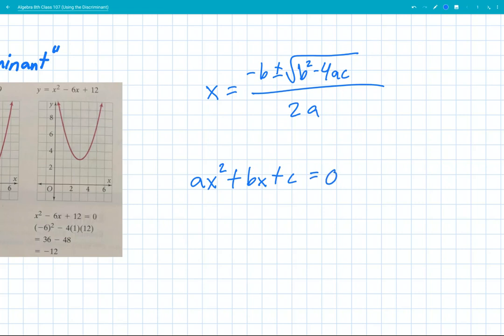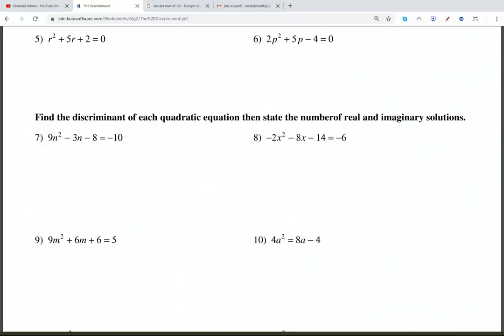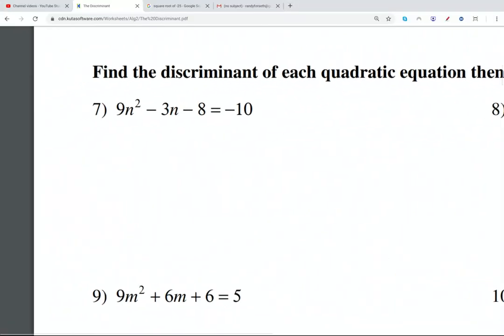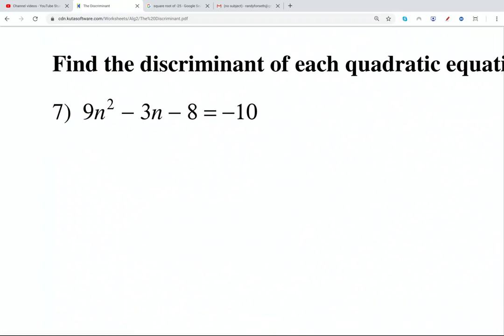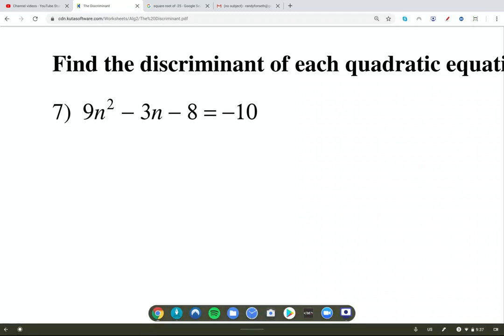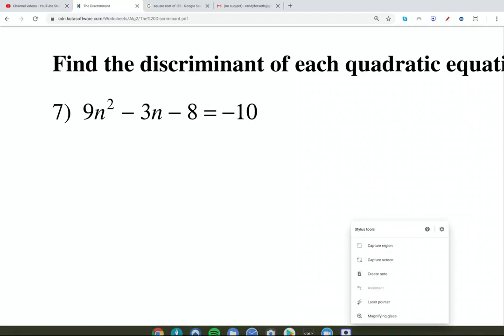So I'll just say right now, on your homework, don't try to do the problem until you have your equation in this form, okay? Problems like you'll see on the homework would be something like this. If I say find the discriminant, and then I also ask you guys to tell me the number of solutions, I'll show you how to find that. Let me get my laser pointer here. There we go.